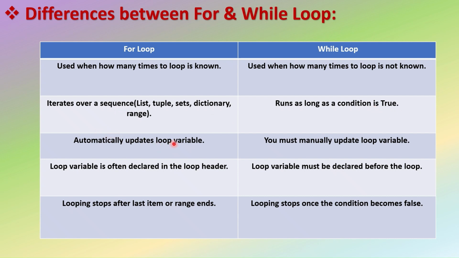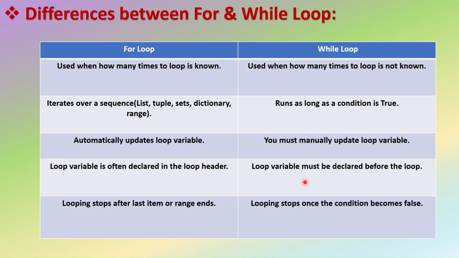In case of for loop, it automatically updates the loop variable. But in case of while loop, we need to update the loop variable by incrementing the value. So in case of for loop, the variable is often declared in the loop header. We have already seen in the syntax, right? For variable in sequence, that variable we only need to declare in the loop header.